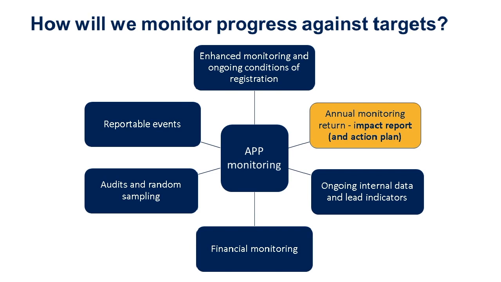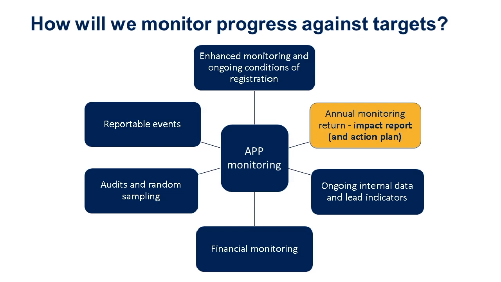Just a couple of other things to say about how we'll monitor progress against targets. The access and participation plan will form part of the wider OFS monitoring and intervention activities, of which some of these include audits and random sampling, wider financial monitoring, condition B monitoring, which is about overall outcomes for students, and things about enhanced monitoring and ongoing conditions of registration.